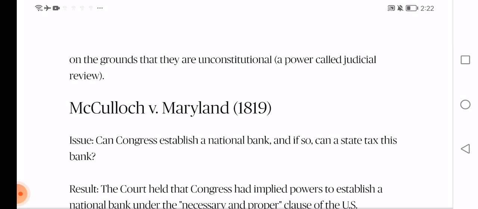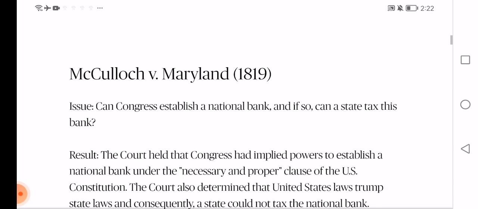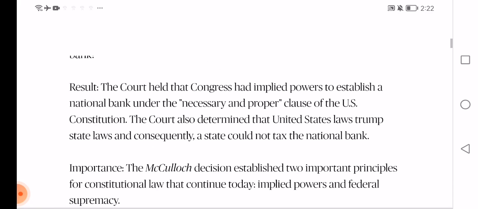McCulloch v. Maryland, 1819. Issue: can Congress establish a national bank, and if so, can a state tax this bank?